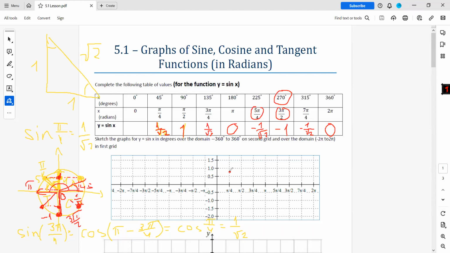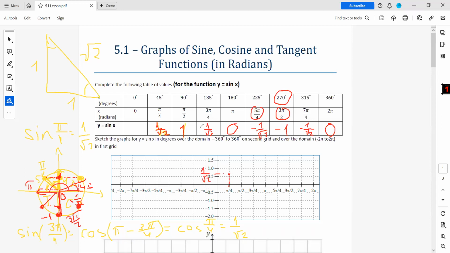Square root of 2 is 1.41, and 1 divided by 1.41 is 0.7. So it would be somewhere here. This is 1 over square root of 2.